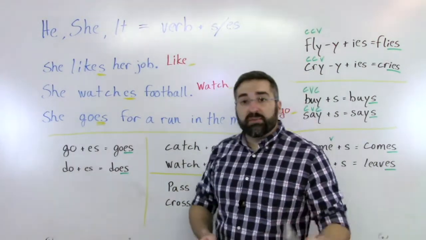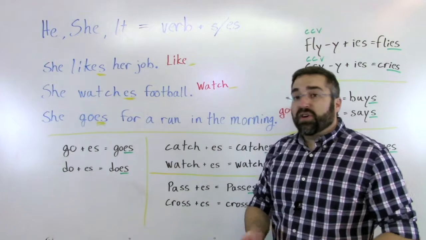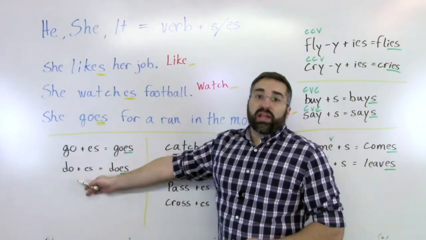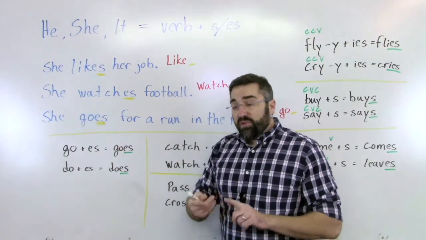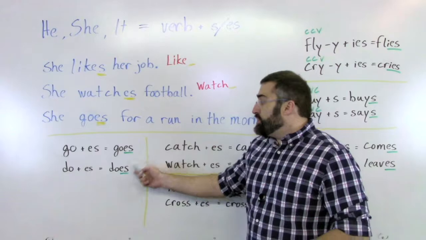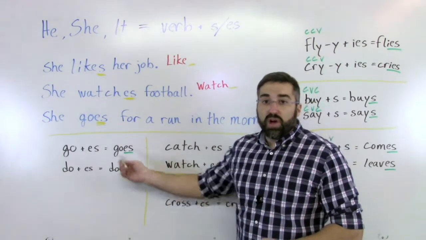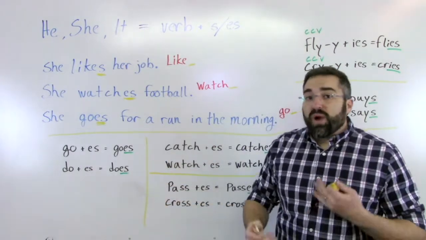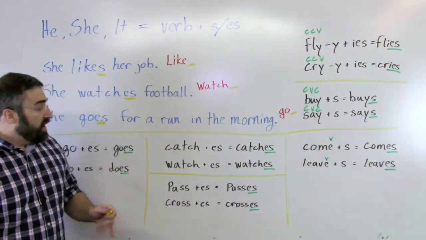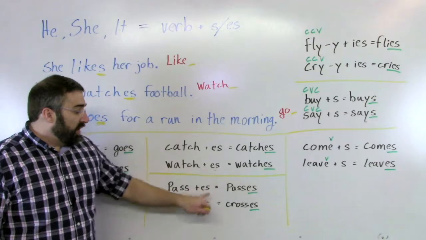So let's look at some of the first ones. The first ones that we have here are go and do. With these two, with go and do, we add ES. So we end up with goes and does. The next ones, we will add another ES to all of these.